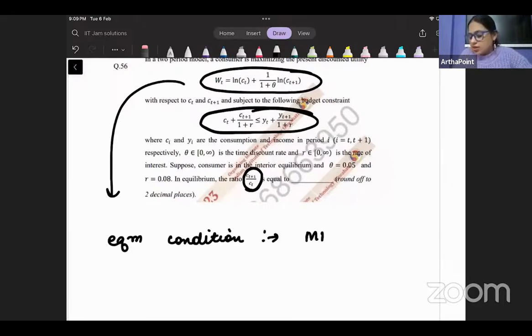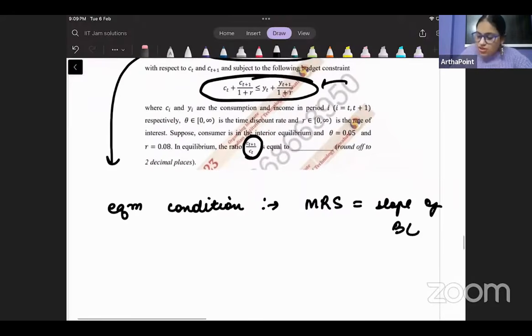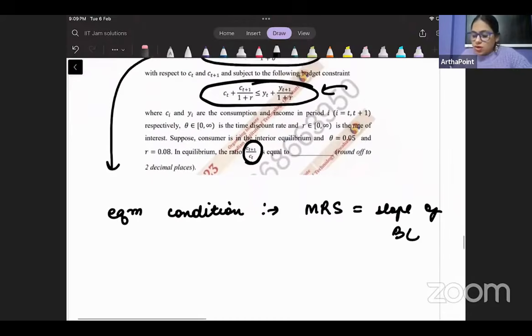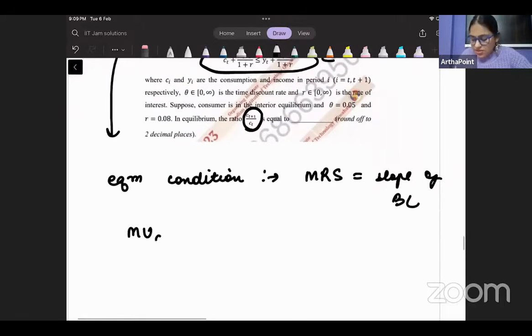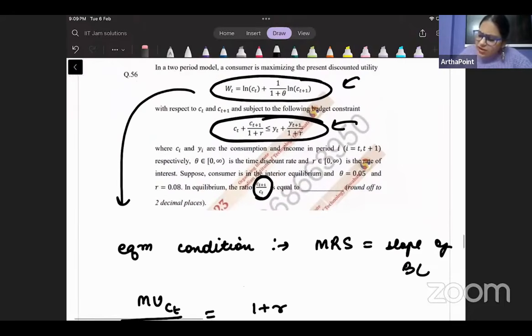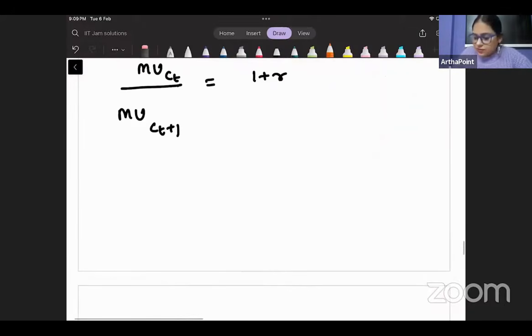Equilibrium condition कहता है MRS is equal to the slope of budget line. MRS is differentiate this with respect to CT with respect to CT plus 1 equated to the slope of budget line, which is 1 plus R. When I will differentiate this with respect to CT now, I will get 1 by CT.